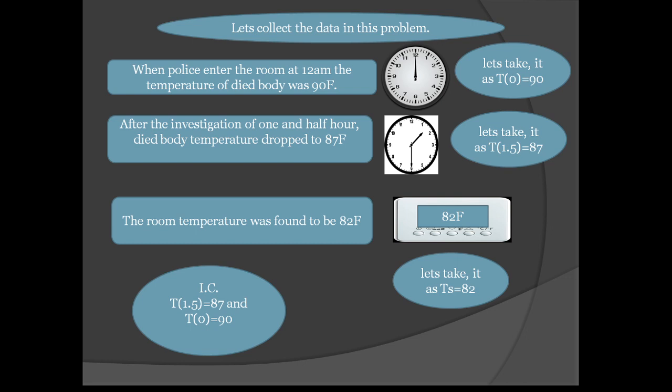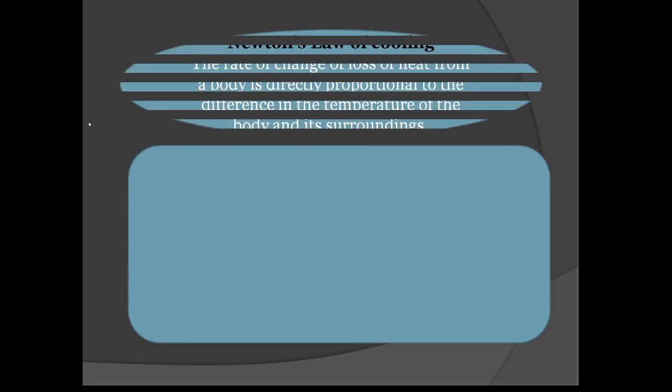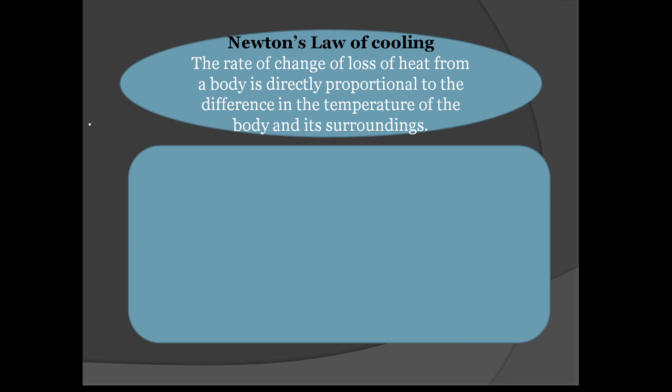Next, for solving the problem, we need to know one law, which is known as Newton's law of cooling, which states that the rate of change of loss of heat from a body is directly proportional to the difference in the temperature of the body and its surroundings, which in the form is dT by dt is equal to k of (T_t minus Ts).